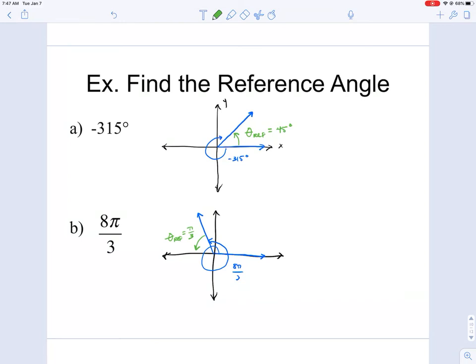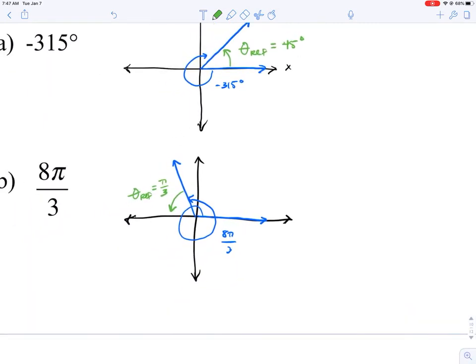For example, for 8 pi over 3, like if you wanted to determine what the cosine of 8 pi over 3 is, well, in quadrant 2, cosine is negative, remember, since the x-coordinate is negative in quadrant 2.